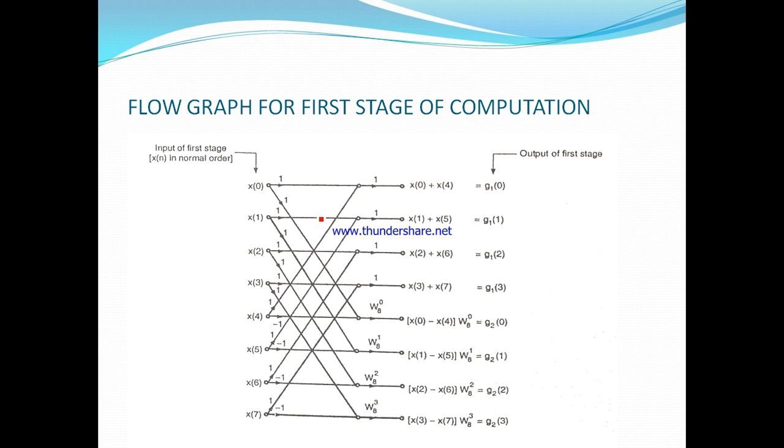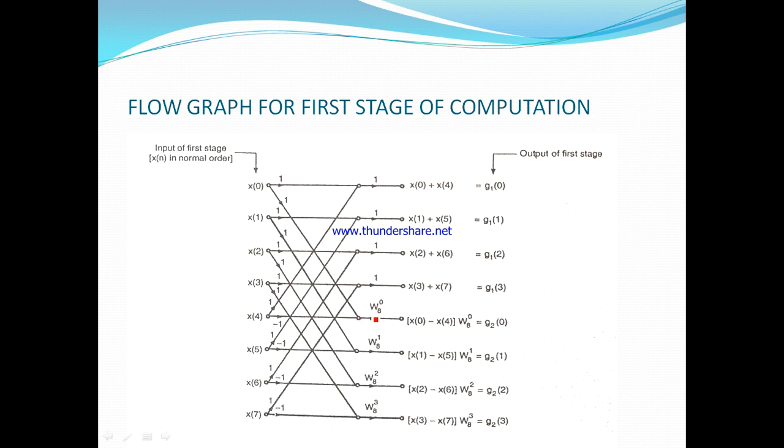And in this point it receives x of 0 and x of 4 multiplied with -1. So we have x of 0 minus x of 4, because x of 4 is multiplied with -1.